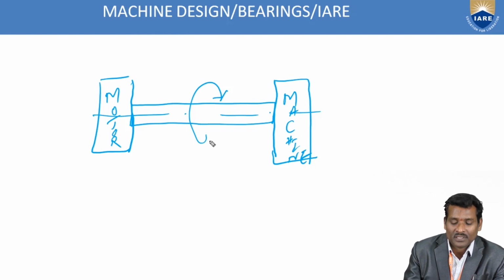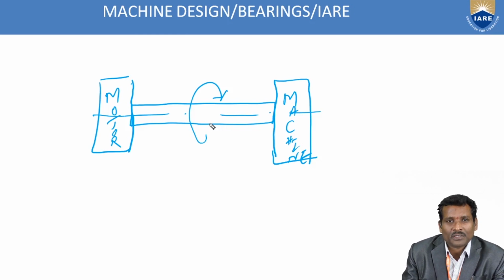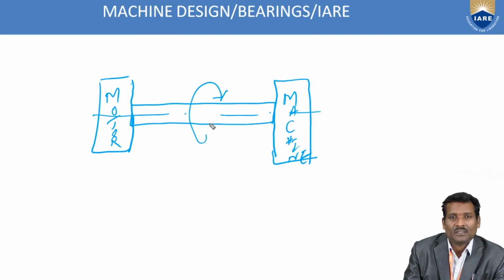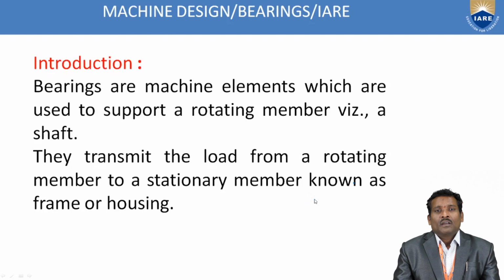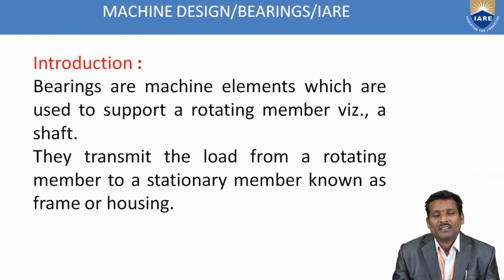But for this shaft, which is a rotating element, rotary support is required to avoid deflections in the shaft. That is called a bearing. That's why in our workshops or industries, bearings are used to avoid this imbalance and to avoid jerks of the shaft.